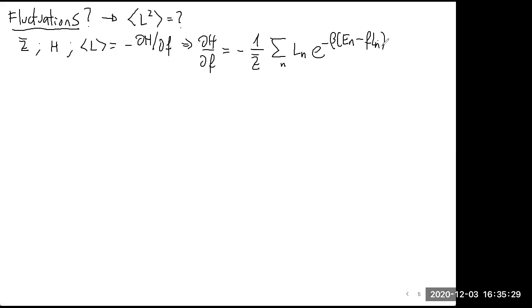Okay, fine. So this Z, if you put it here, is the canonical P with L_n, nothing else. Now, let me just show you that if I take another derivative with respect to f, what you get is something like as follows. So remember, here there are two things that depend on f.